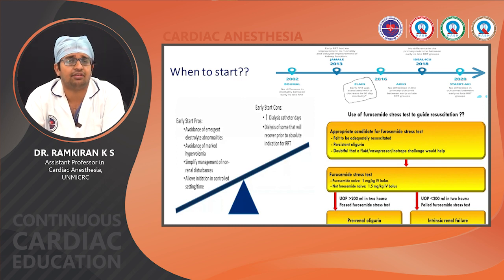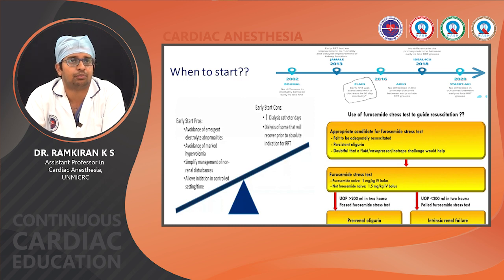They all have different timings for their early and late dialysis, but none of the studies showed a basic difference in the morbidity or mortality of the patients, except the ELAIN trial, which showed that early RRT in fact decreased the mortality. That is the only study which showed some benefit. The rest didn't show any significant benefit, because early dialysis has its own pros and cons.